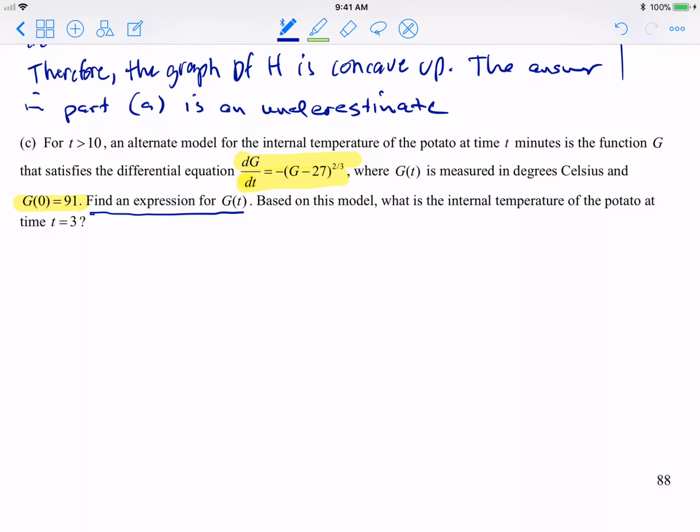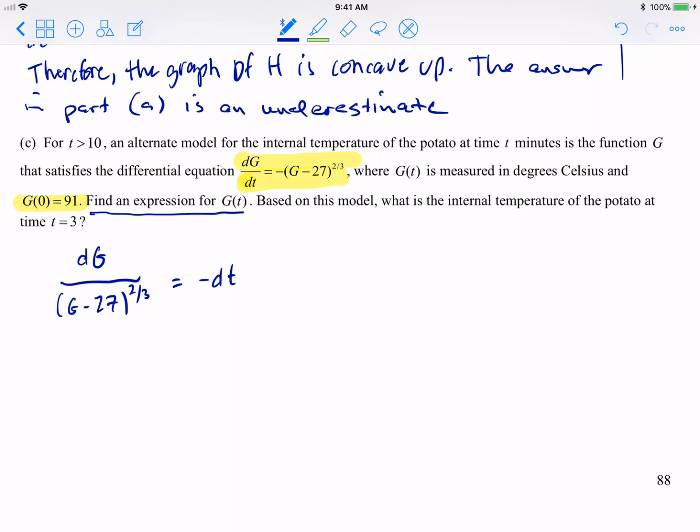I'm going to start by separating the variables in that equation. And I'm going to apologize up front for my g's, it's hard to write a g with this pencil. I'm going to divide both sides by (g minus 27) to the 2/3 and multiply both sides by dt.